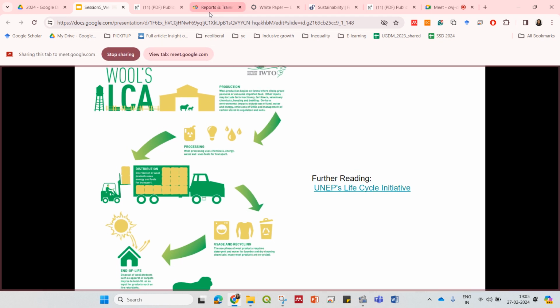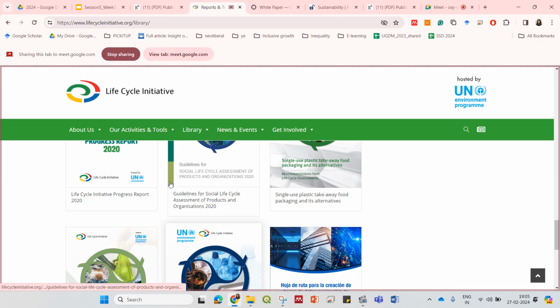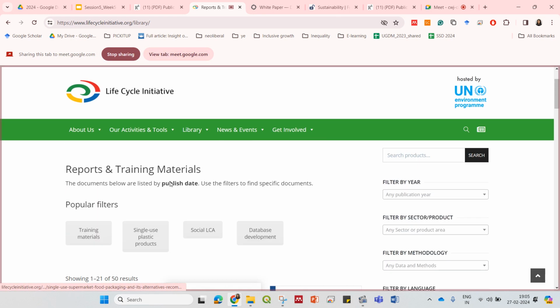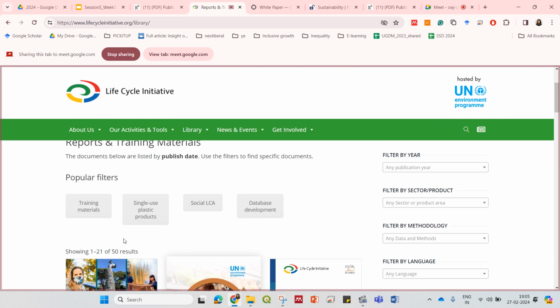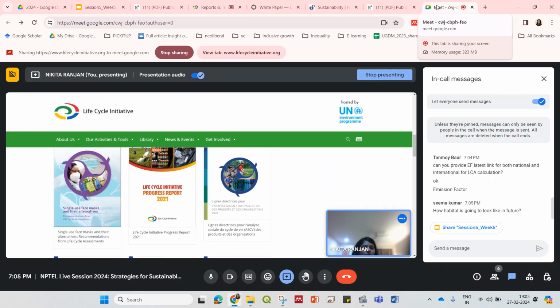If you go and click through to the link, this is UNEP's life cycle initiative. You'll get a lot of reports and training materials to understand life cycle assessment and how life cycle assessment can be done for different kinds of products.